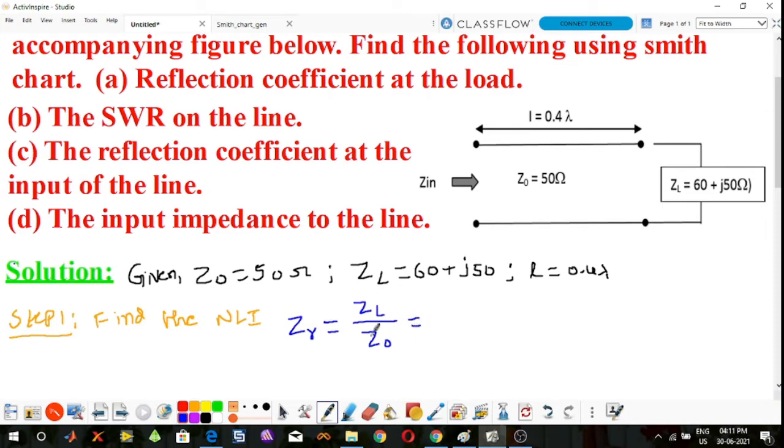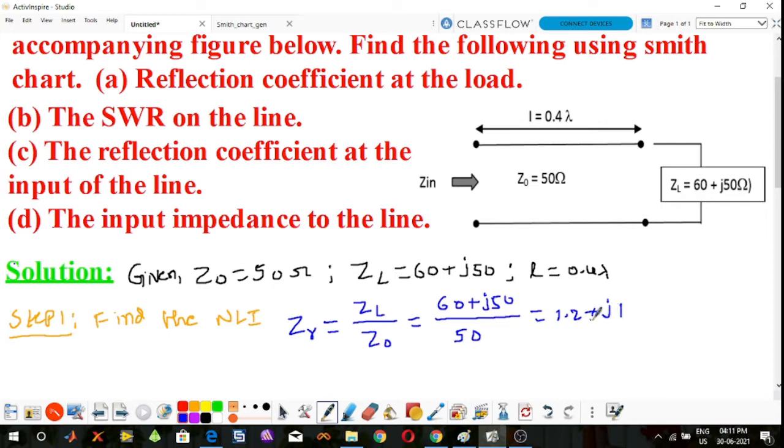Here substitute the ZL and Z0 values. ZL is 60 plus j50 ohms divided by Z0, which is 50 ohms. So that is equal to 60 divided by 50, which is 1.2, plus j50 divided by 50, which is j1.